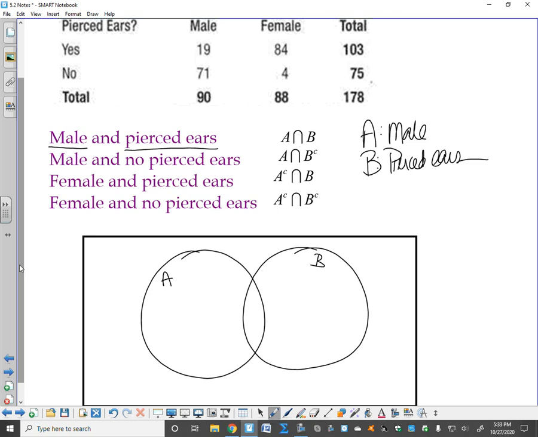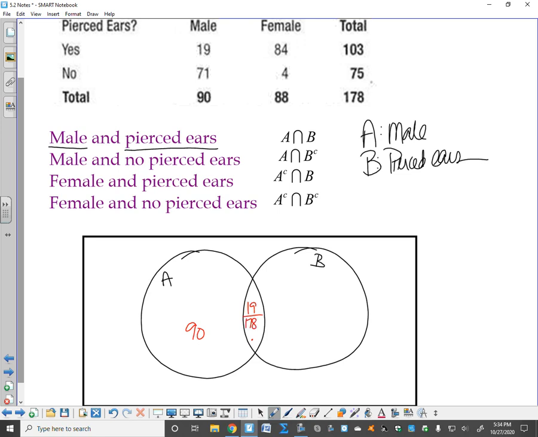First of all, let's focus on how many males total we have. I have 90 males. Now I cannot just put 90 right here because I have to take into account this piece. This piece in here has 19. And again, I can't just put a 19. You can't put numerical values. You have to put probabilities. So 19 out of 178.